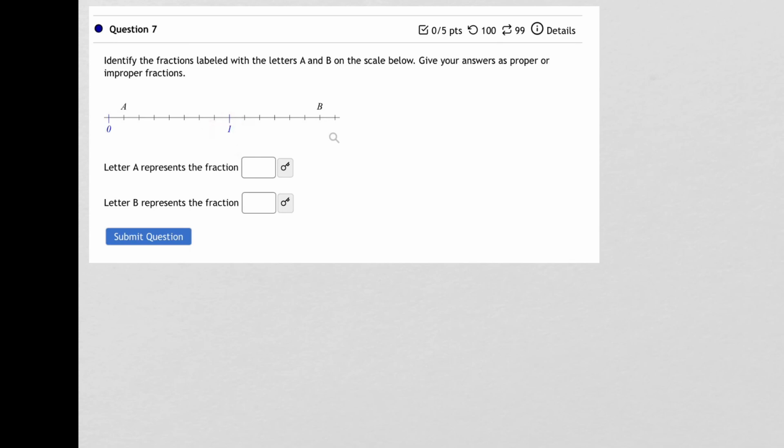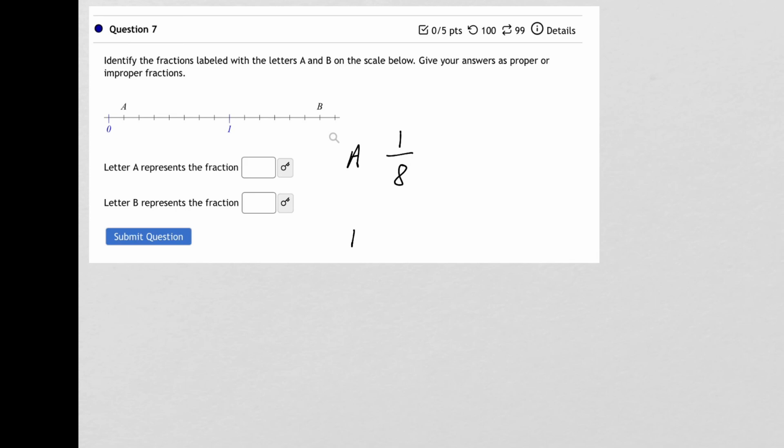And notice how many intervals I have between 0 and 1: 1, 2, 3, 4, 5, 6, 7, 8. I have 8 intervals. So the A is within the first interval, which means A must represent 1 over 8. It's 1 out of 8. So A represents the fraction 1/8.